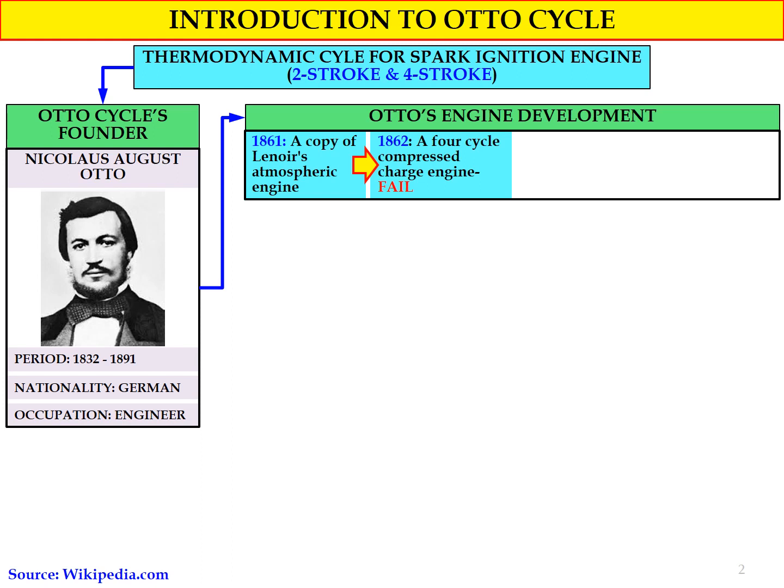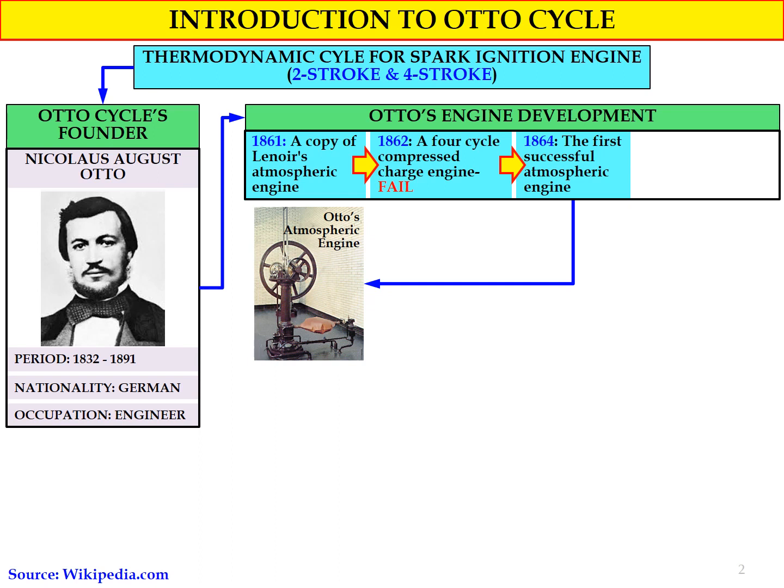Next, in 1862, he developed a 4-cycle compressed charge engine. However, the engine failed. Next, in 1864, he developed the first successful atmospheric engine, as shown in the figure. The figure shows the Otto atmospheric engine.